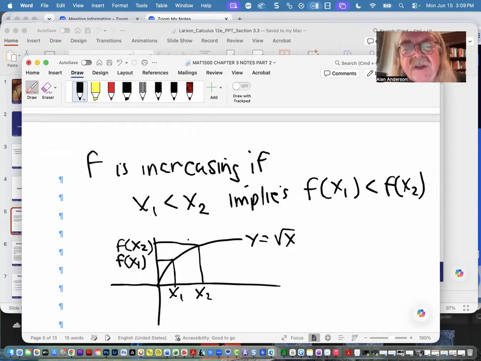Okay. So in other words, what it's saying is for any two x's, as long as x1 is smaller than x2, that guarantees that f of x1 is smaller than f of x2. No exceptions.